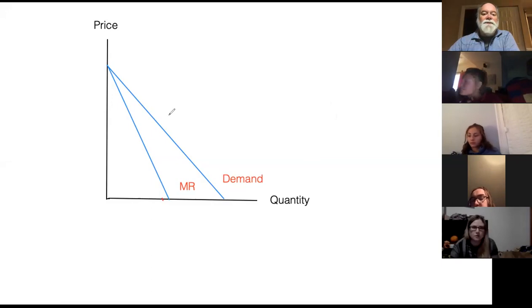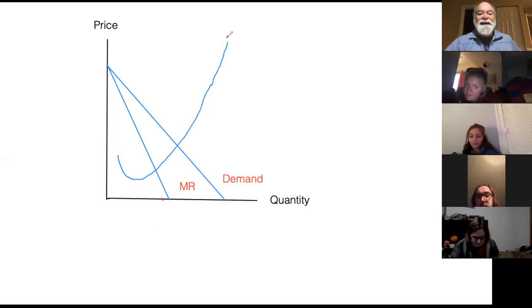What's a marginal cost curve look like? All of you athletes should know this. Oh, is it the Nike swoosh? It is the Nike swoosh. It looks like that. Maybe a little smoother, but that is the swoosh. Okay, so this is marginal cost. Absolutely.